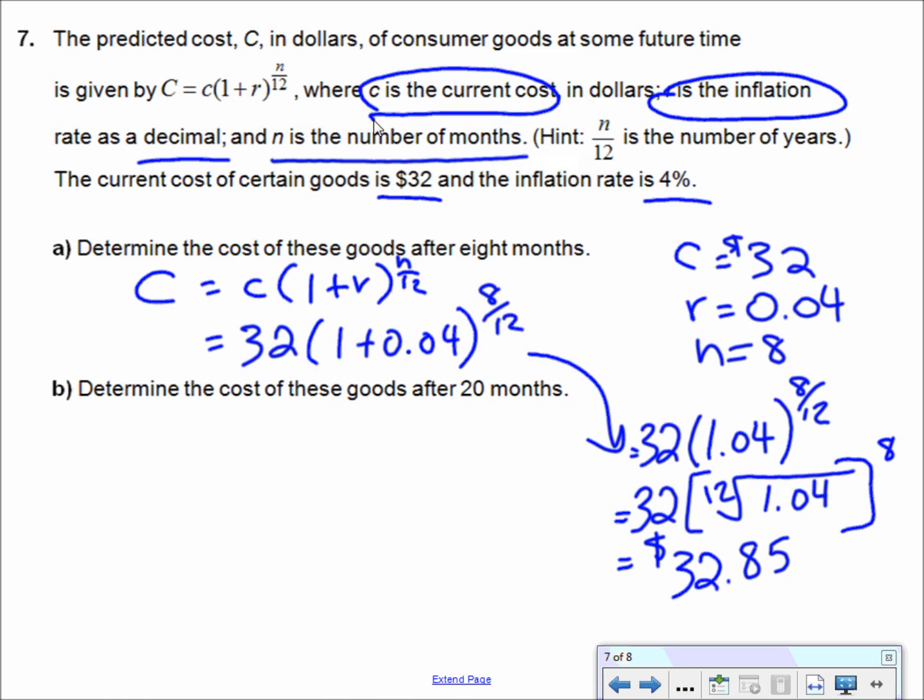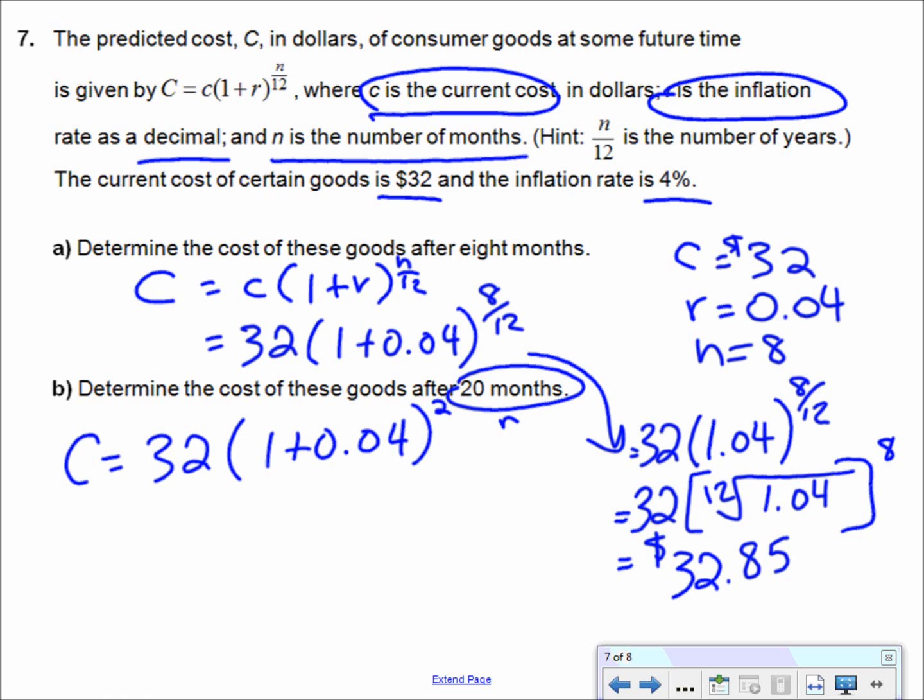Okay, the next one, B, is saying that N is now becoming 20 months. So we set up the same equation, C equals 32 bracket 1 plus 0.04 bracket 20 over 12.